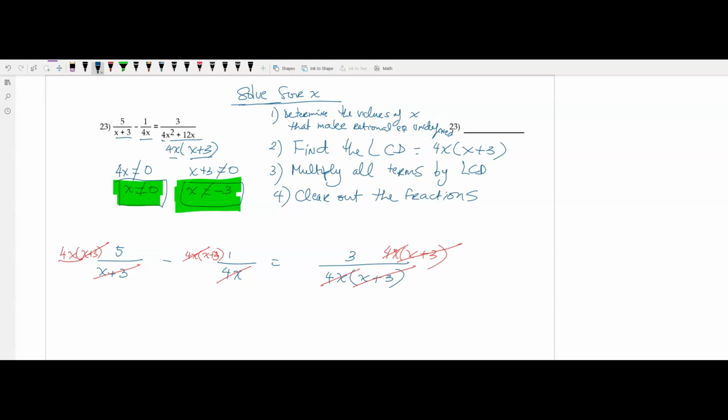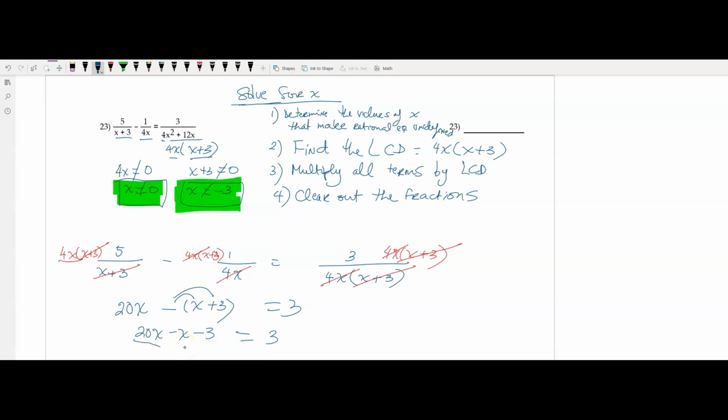What's next? Well, now we need to multiply. So you have the 4x times the 5. That's 20x minus the x plus 3, equal to 3. Beautiful. Now I'm left with 20x. The negative here, I have to distribute, and I get negative x, and then negative times the positive 3 is negative 3, equal to 3.